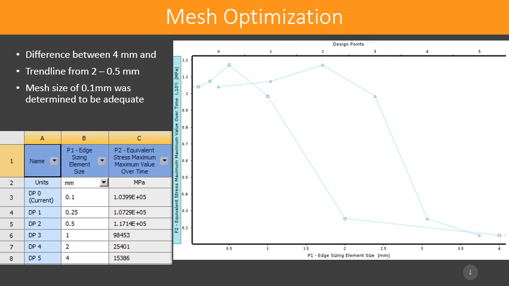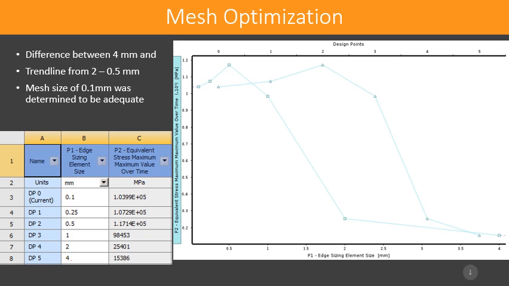For mesh optimization, I did a study, starting with 4 millimeters as a mesh size. I went down to 2 millimeters, 1 millimeter, half a millimeter, a quarter of a millimeter, and then 1/10 of a millimeter.